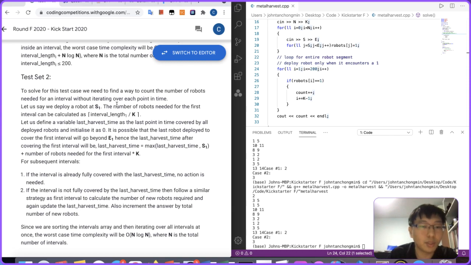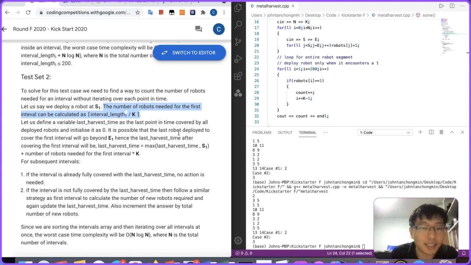We need to deploy a robot. Okay, so instead of counting each point of time, we need to calculate the robots needed for an interval. Oh, nice. Yeah, the ceiling of the interval length divided by k. Then you can count the total number of robots needed for the interval itself.